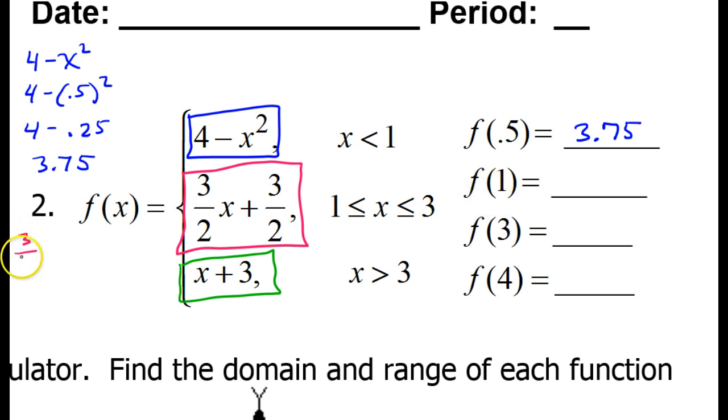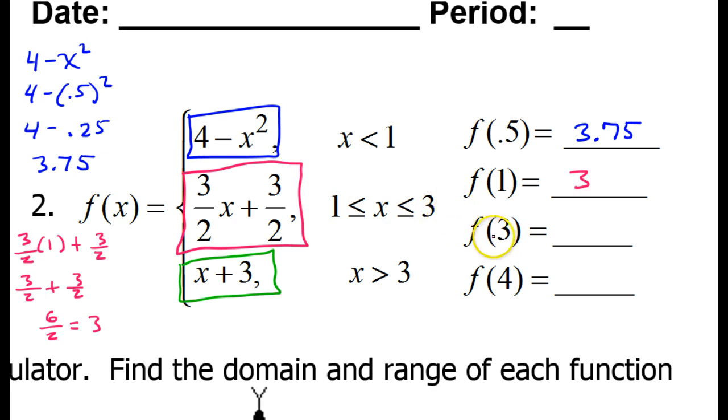So this will become 3 over 2 times 1 plus 3 over 2. So really that's just 3 over 2 plus 3 over 2. So that is going to be 6 over 2, which equals 3. So that's the answer for that one.